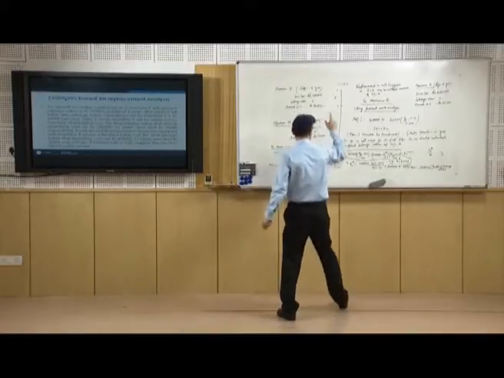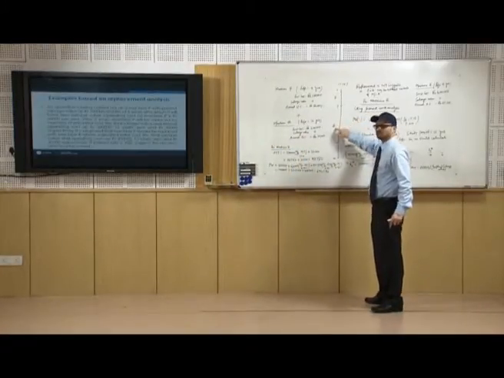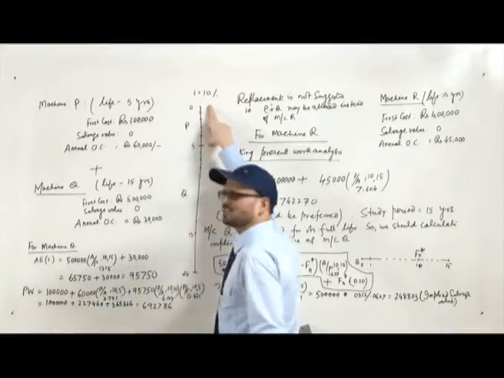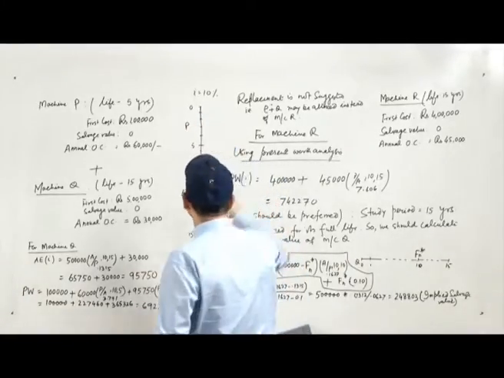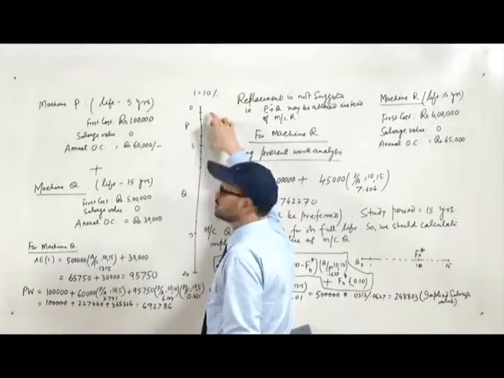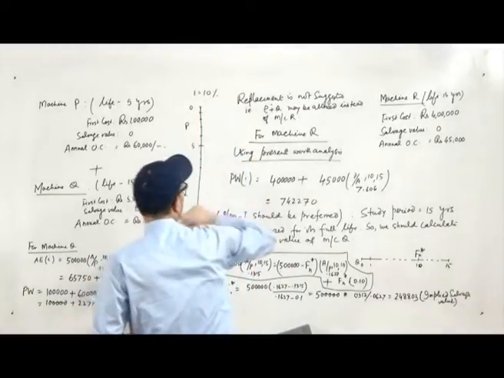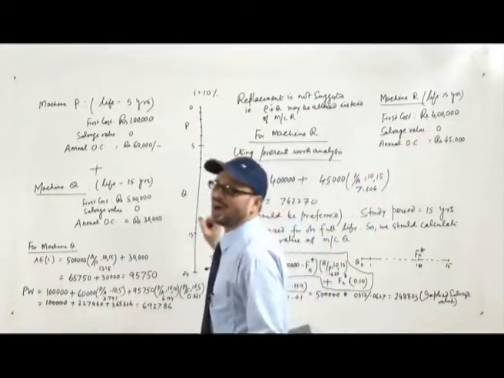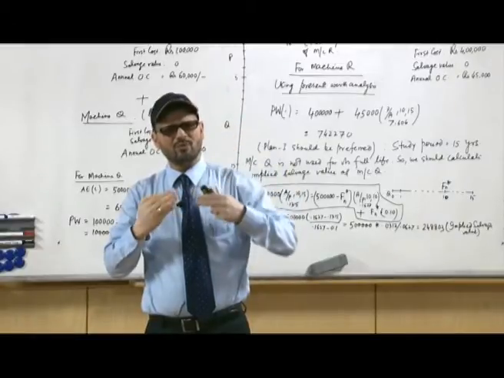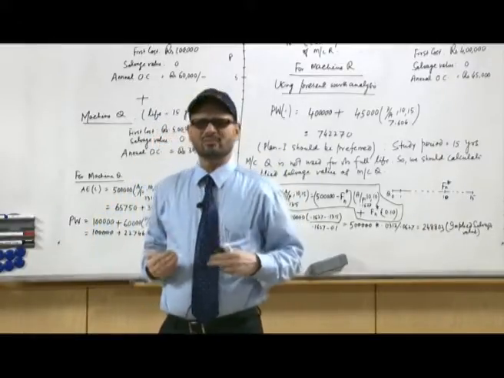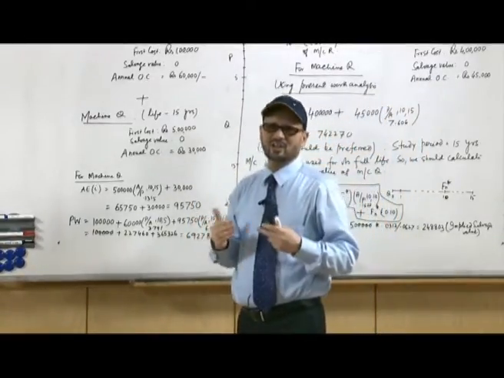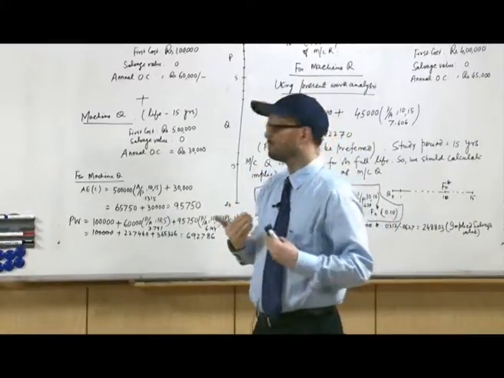Now, if the fate of this machine Q is not known, in that case we have to only go for the 5 years life of machine P. So, in that case the study period has to be taken as only 5 years. So, you have 5 years for machine P and 5 years for machine R, but for machine R you have 15 years of life. So, you can go for comparison on the basis of annual equivalent, and on the basis of that we can decide whether to go for replacement or not.